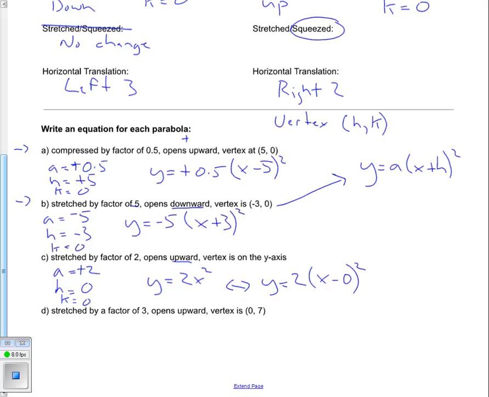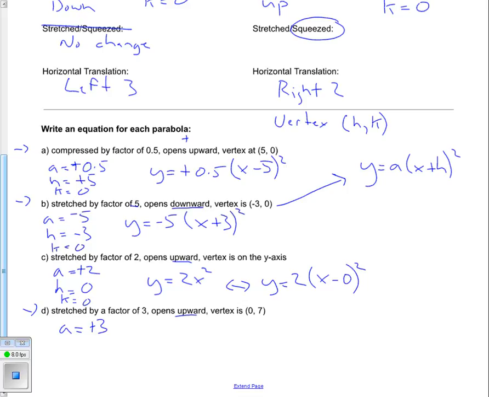Okay, and then finally, as a bit of a challenge, we've got a parabola that has been stretched by a factor of 3. So that means that the a value is 3. We know that it opens upward. Okay, it says that the vertex is at (0, 7).